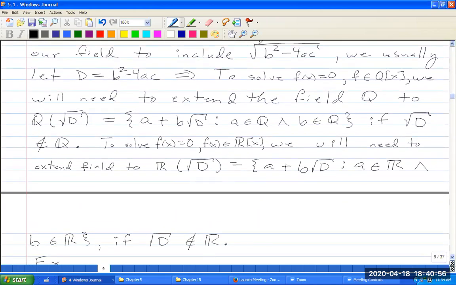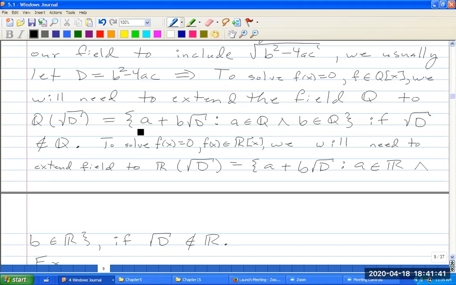So, to solve f of x equaling 0, where f is a polynomial with rational coefficients, we will need to extend the field Q to the field extension Q of rad d, which is the set a plus b rad d, where a is rational and b is rational, if the square root of d is not rational.